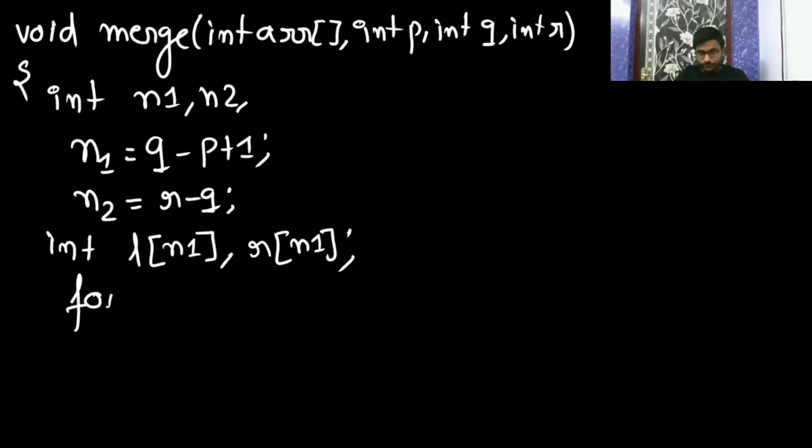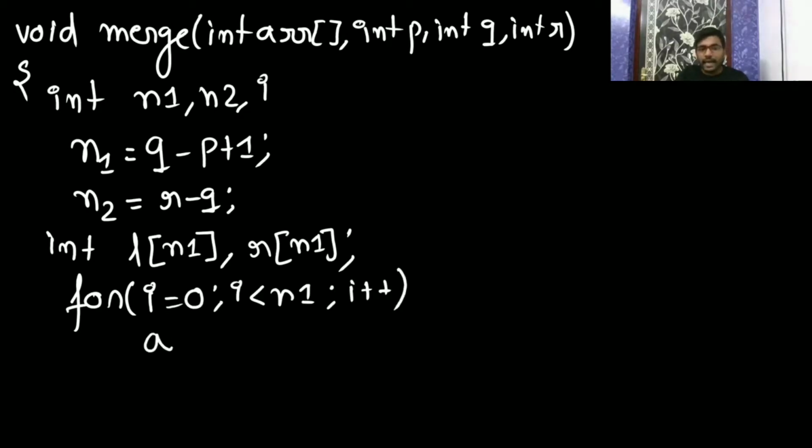So for i equal to 0, i less than n1, i plus plus, left of i is going to store the first half. So left of i is going to have array of p plus i, because the starting index is p plus i.